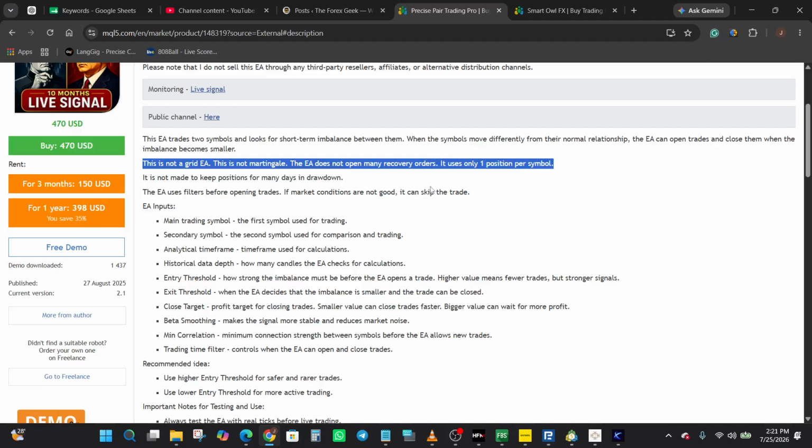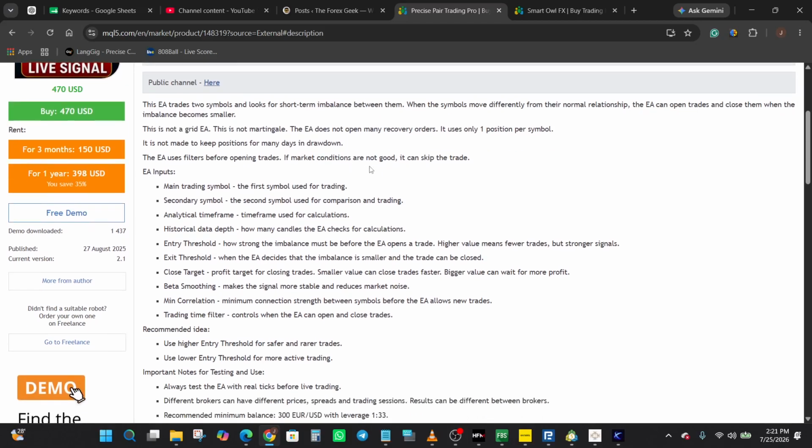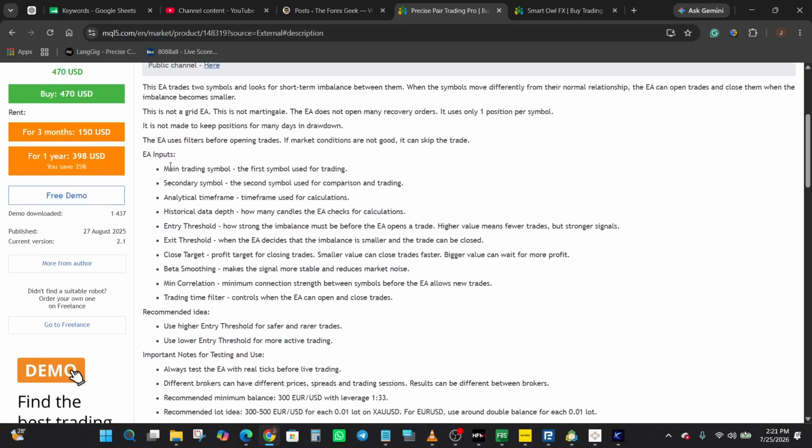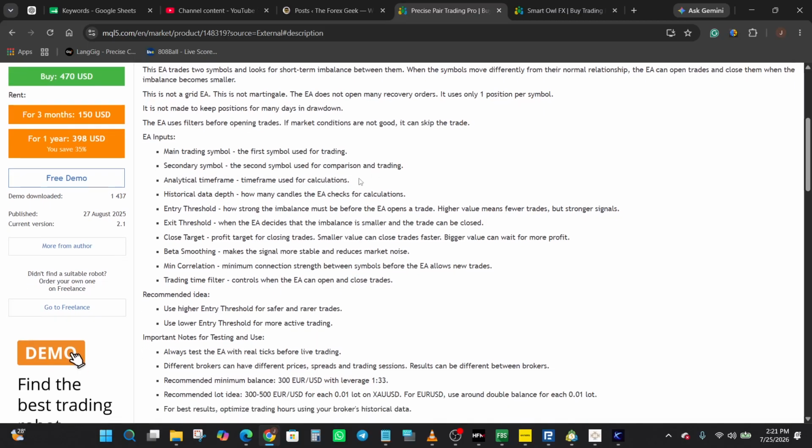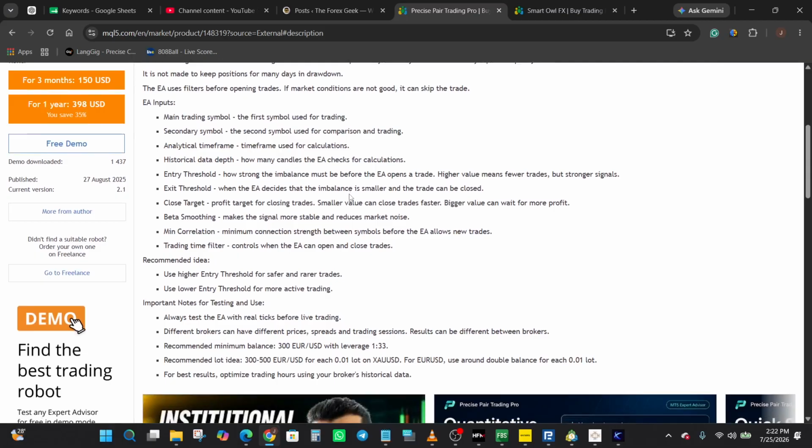So now, moving into the inputs, there is a main trading symbol and a secondary symbol used for comparison, an analytical time frame and historical data depth for its calculations, and an entry threshold that determines how strong the imbalance needs to be before it opens a trade. A higher value means fewer, stronger signal trades.